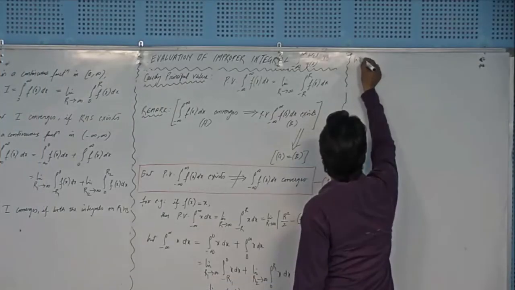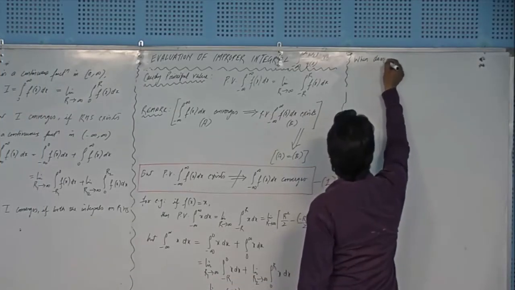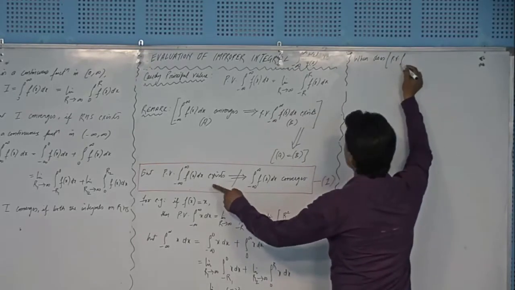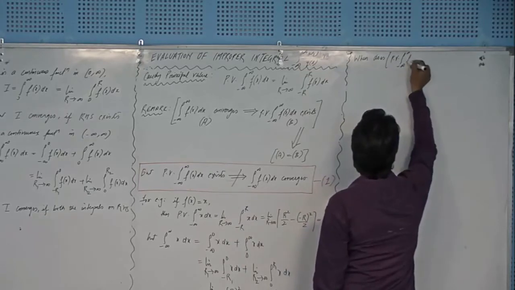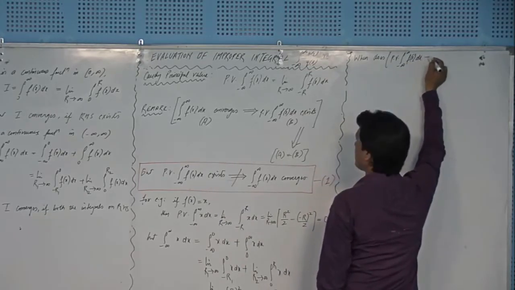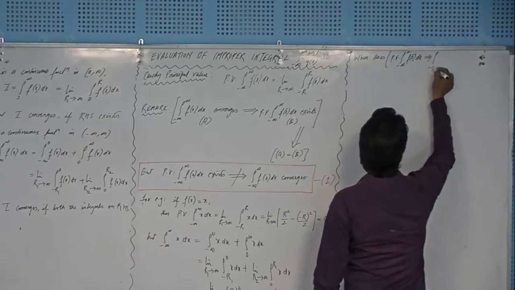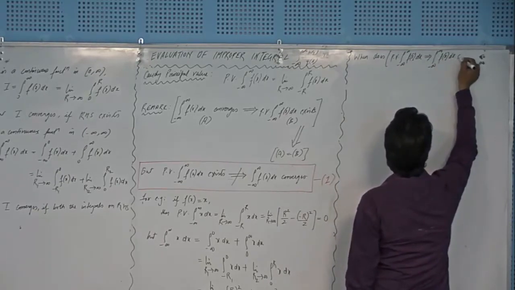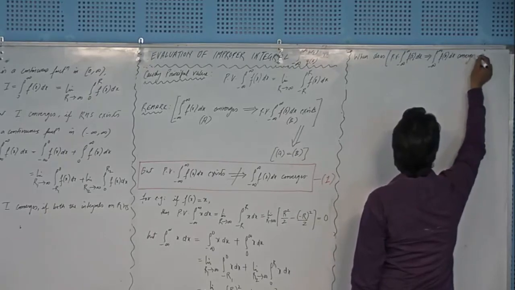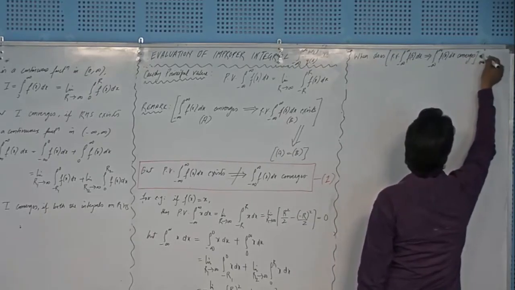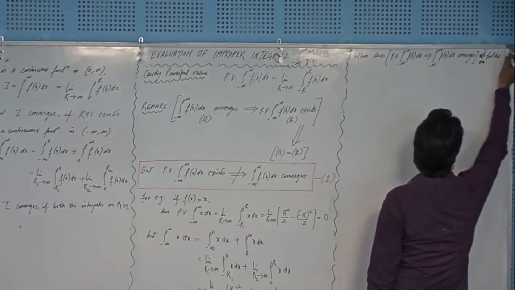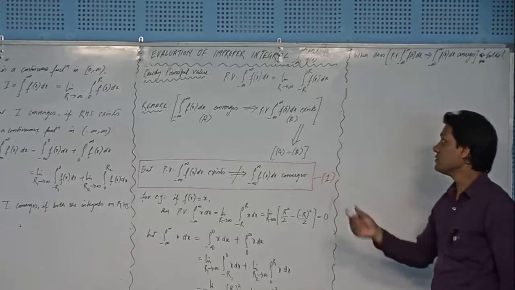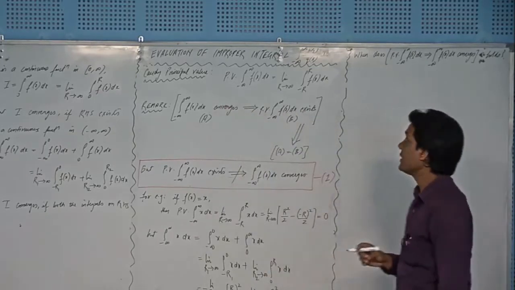So when does this condition, principal value of minus infinity to infinity f(x) dx implies minus infinity to infinity f(x) dx converges, hold? The question is that you have to find the situation when this reverse condition, means the converse of this thing, holds.